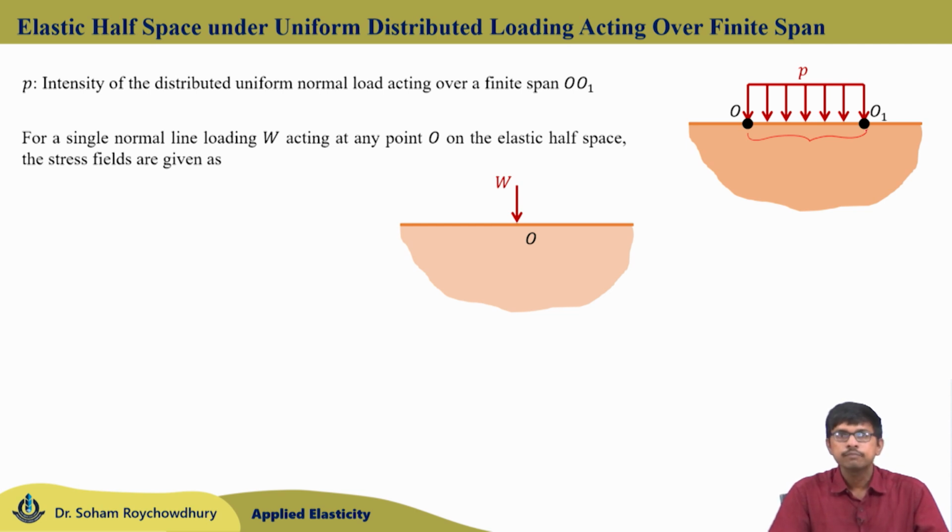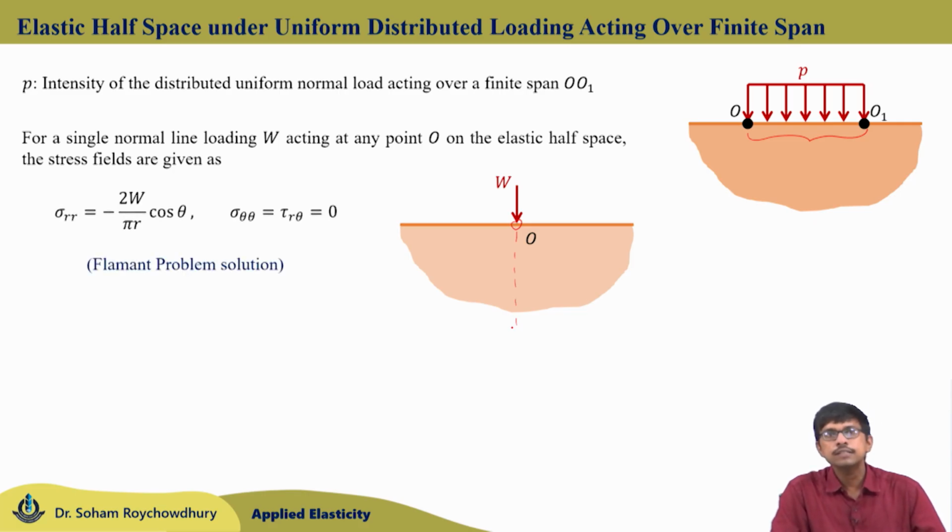What was that? The Flamant problem solution was that the elastic half space is subjected to a single normal line loading of intensity W at a specific point O, or the tip. For this we had obtained a purely radial stress distribution, sigma rr equals minus 2 W by pi r cos theta, and the rest, sigma theta theta and tau r theta, were 0.